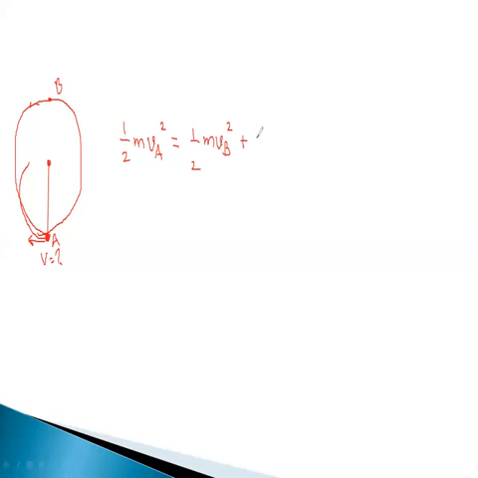Potential energy is mgh. If the length is L, the point rises from here to here, totally 2L height, so mg into 2L. Let me consider this as equation 1.